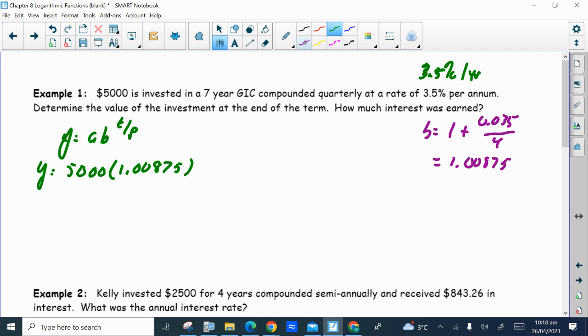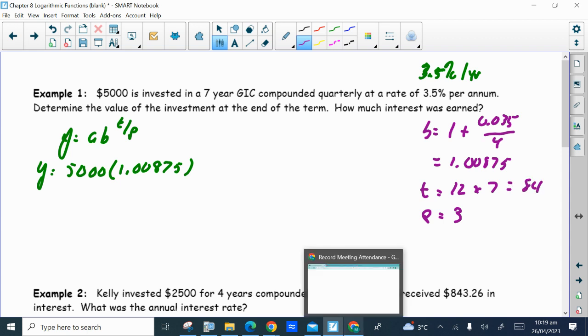So the way that we would get that is remembering that it's compounded quarterly, which is 4 times a year or every 3 months. So the growth period is every 3 months, and the time would have to be the total number of months that we have here. Again, it's compounded for 7 years, which there's 12 months in a year, times 7 years. 12 times 7 is 84.